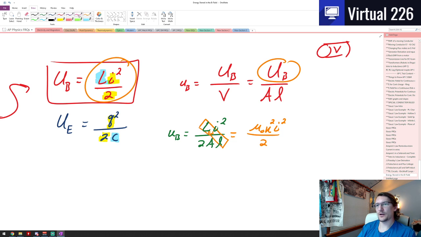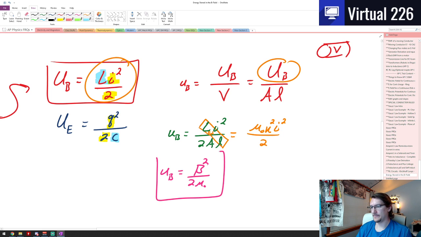And what we can also see from this is that if we take this and break it a little further, what we'll find is that this magnetic field energy density can be rewritten as B squared over 2 mu naught. This is just doing some more substitution with this up here, with some old equations.